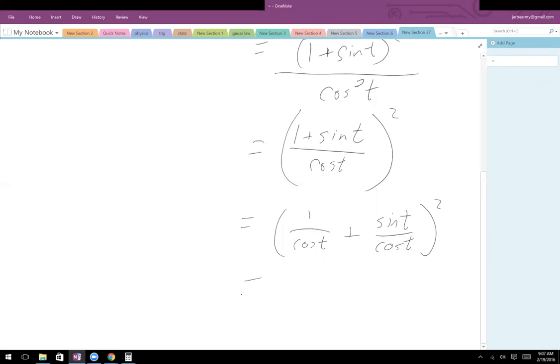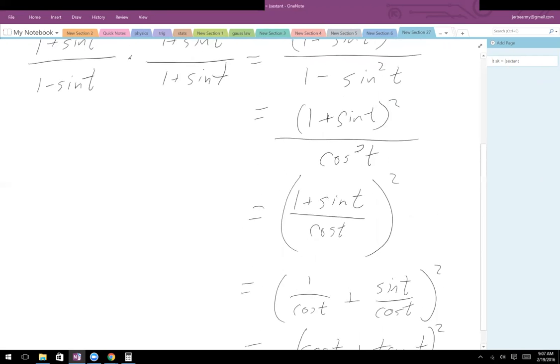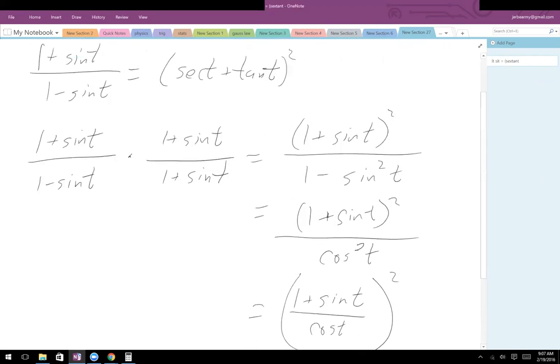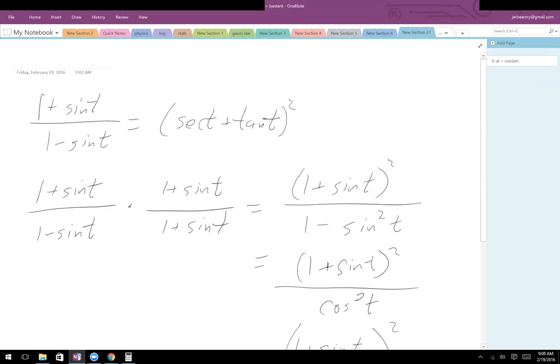That is also the name for secant. And sine t over cosine t? It's just regular tangent. And that's what we were supposed to get, right? Secant t plus tangent t, all squared.